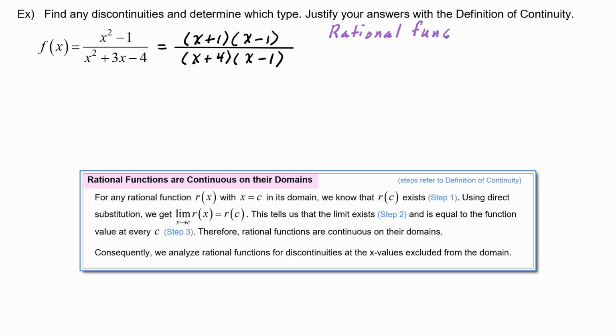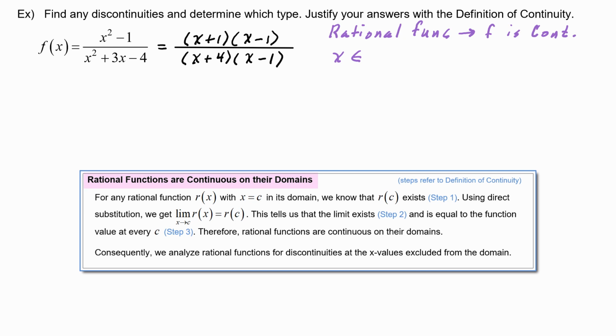So because we have a rational function, we know that f is continuous for x values on the interval. Looking at this denominator, we see we have to exclude -4 and +1.